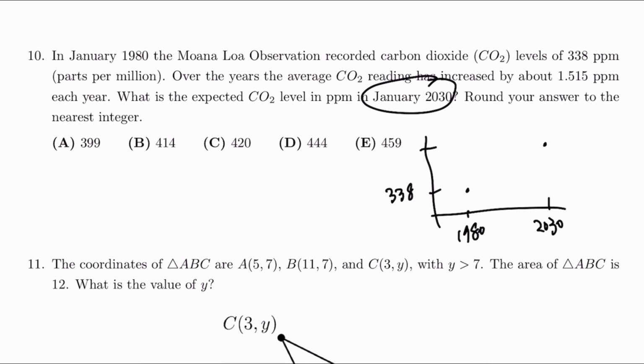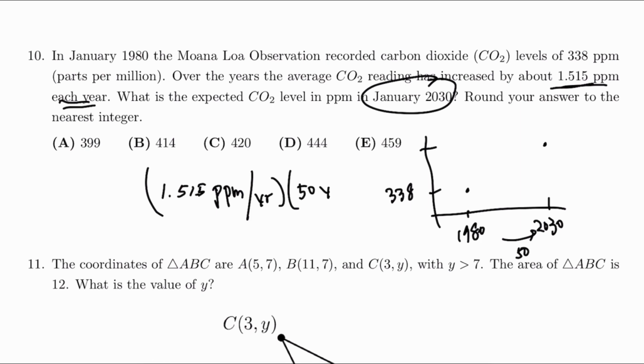And we are given that every year it increases by 1.515 ppm per year. So YR stands for year. And it is going to be 50 years from 1980 to 2030.